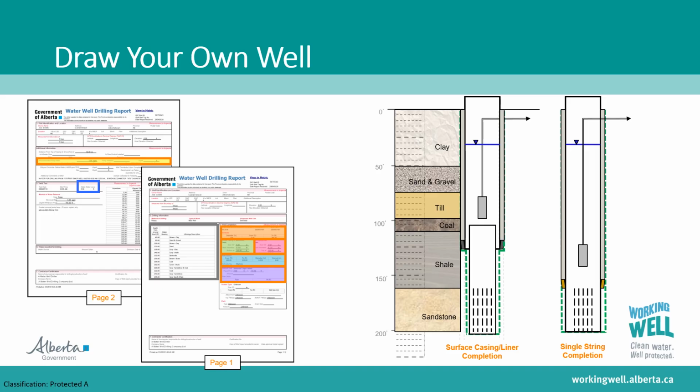Now you might have lots and lots of lines of lithology and you don't want to sit there and enter all of them. If you don't want to draw them all in, that's okay. The most important ones to do are the ones that are beside your perforations or your screen, because that's the aquifer, that's where the water is coming from and coming into your well, and then the one at the bottom of the annular seal.